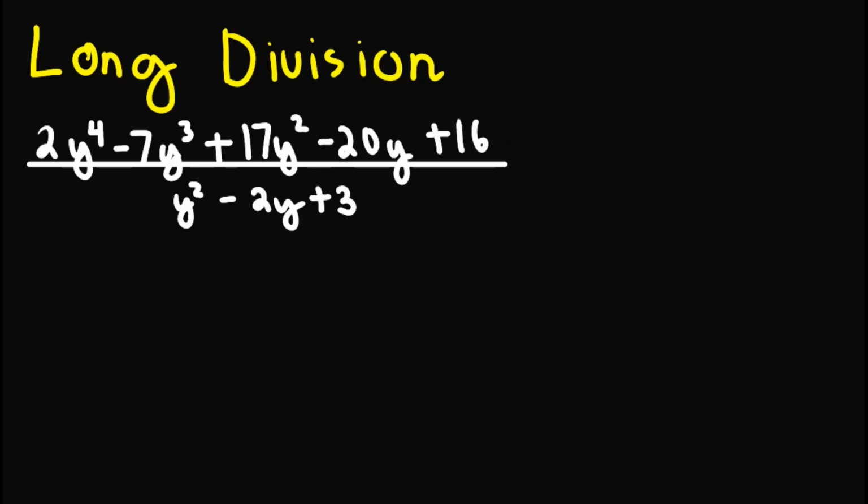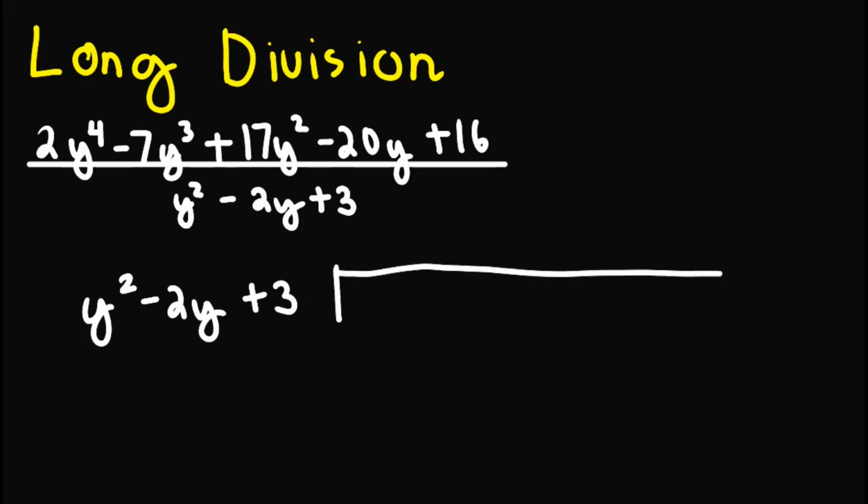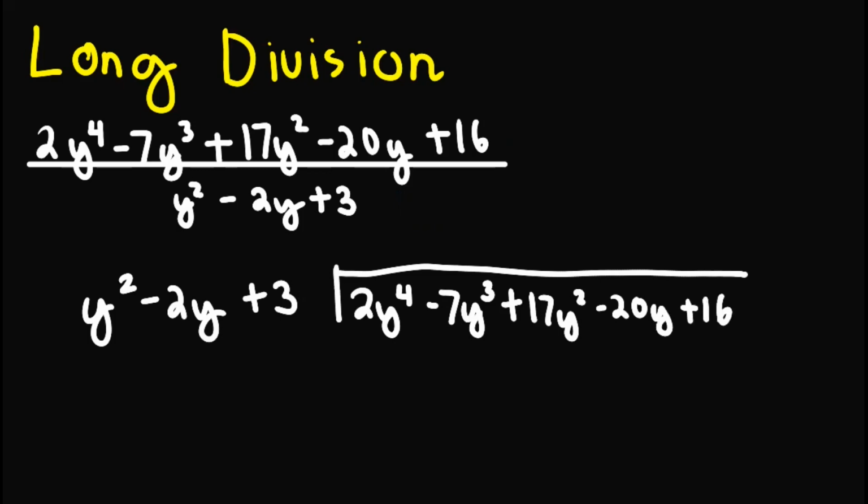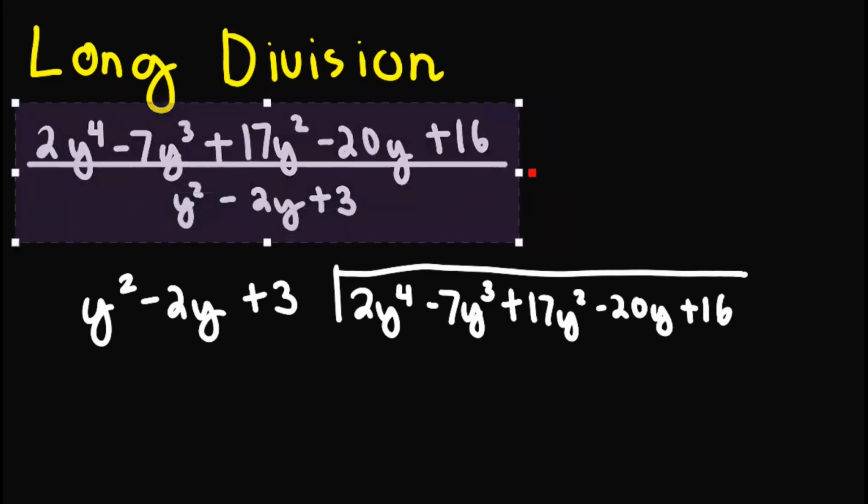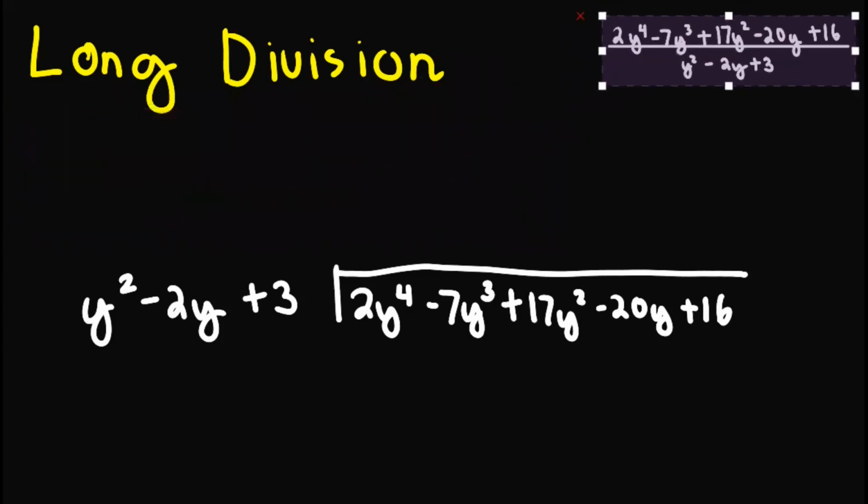So writing this out in the long division form, we will have y squared minus 2y plus 3 divided into 2y raised to 4 minus 7y cubed plus 17y squared minus 20y plus 16. Now let's minimize this one to save some space.